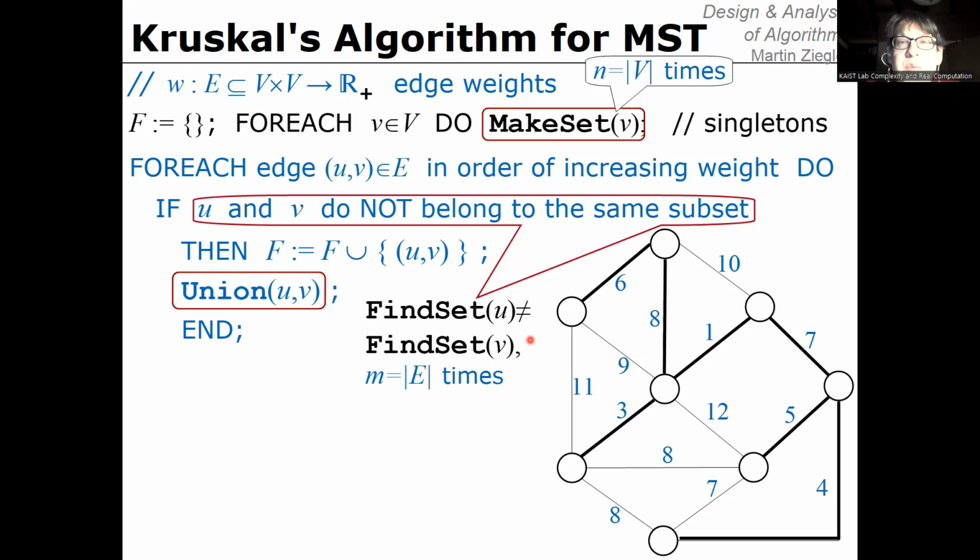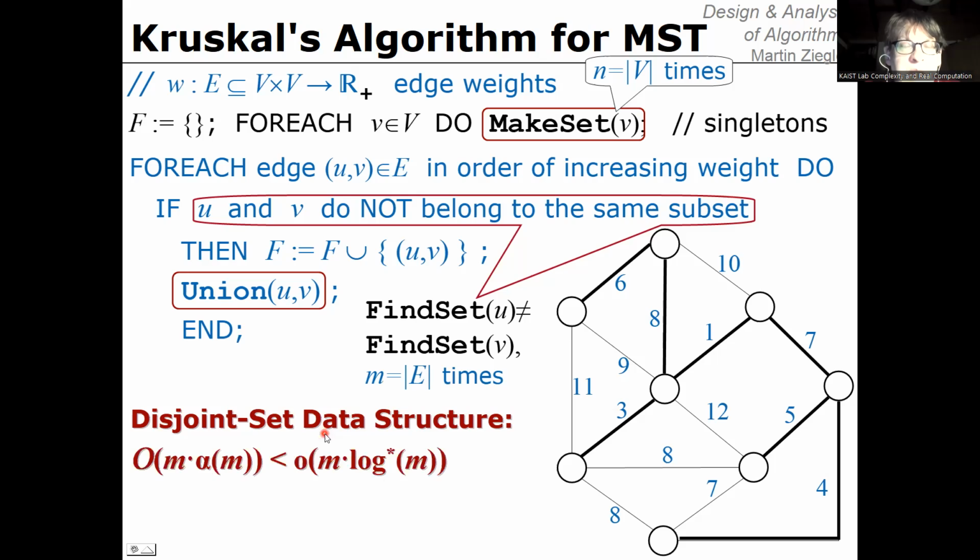So that's what we're going to analyze, and we're going to design a disjoint set data structure, an implementation of the disjoint set data type that actually turns out to have amortized cost given by the inverse Ackermann function, one of the slowest growing functions we have in computer science.